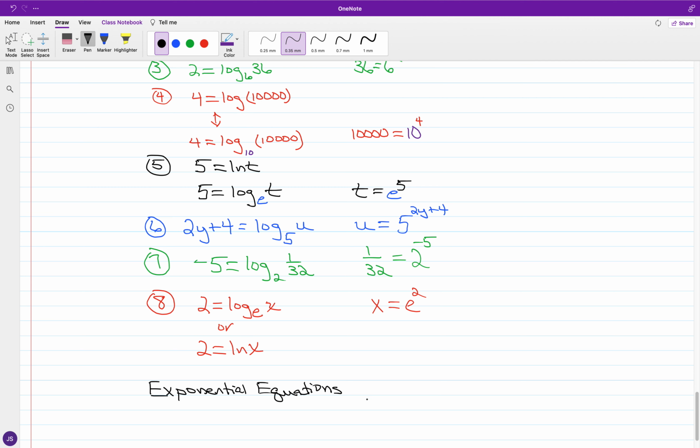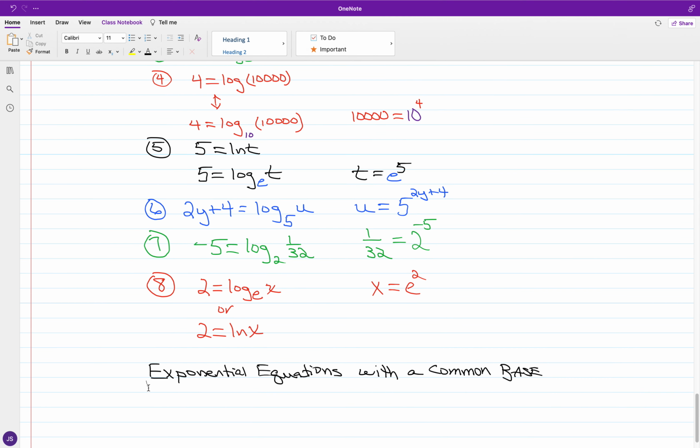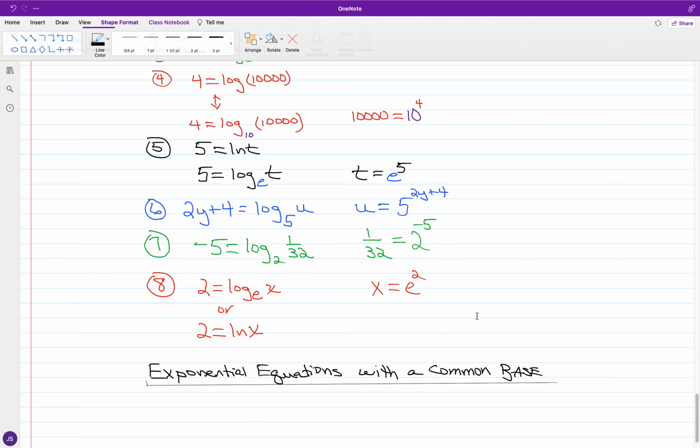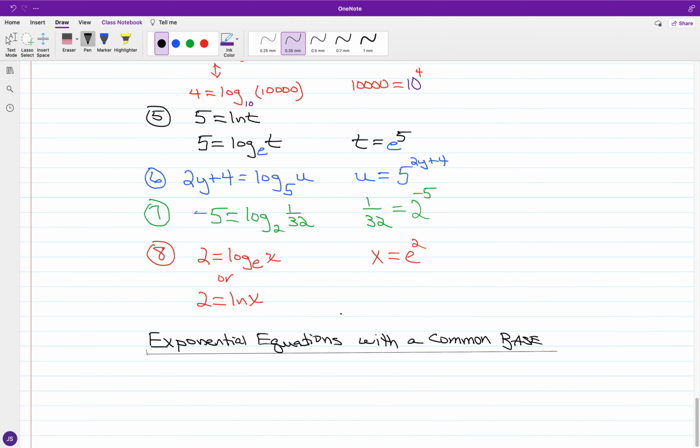And just a couple of quick items here, crossing over to equations. In the case of exponential equations with a common base, I'll show you just a layout on this one.